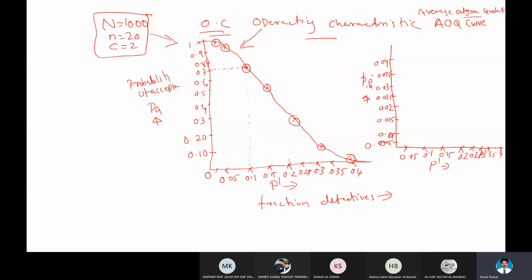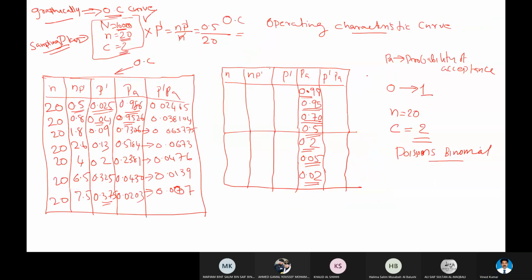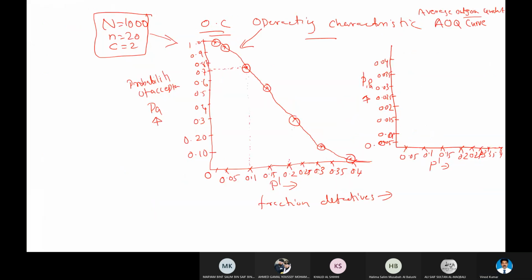I think it is enough. Up to 0.06 is there, yes. Up to 0.06, for example 0.045, 0.05, 0.06.